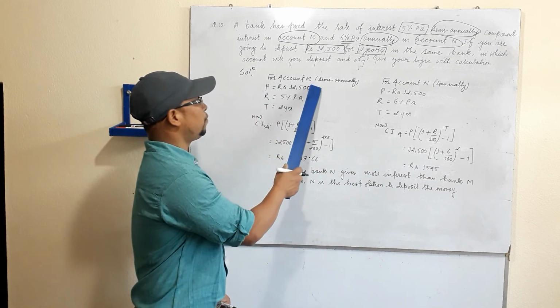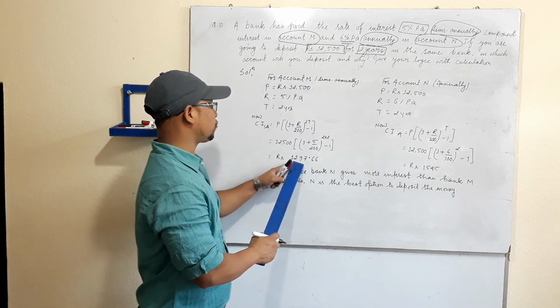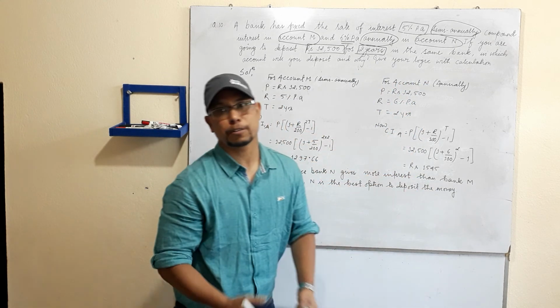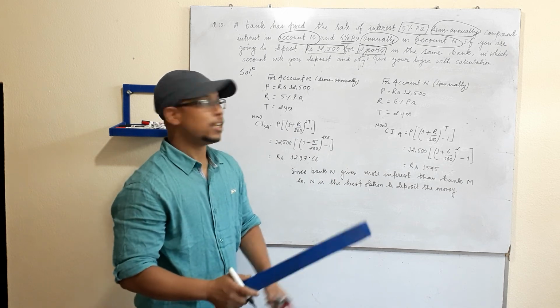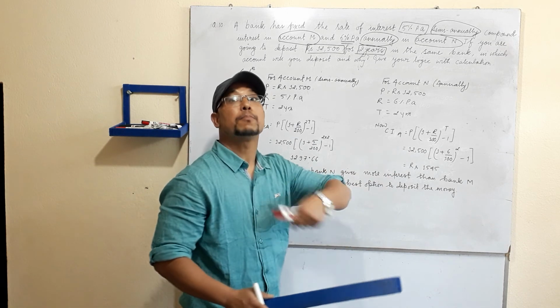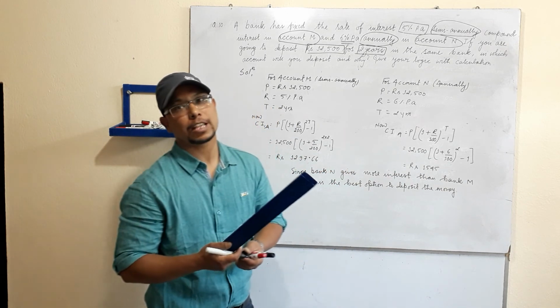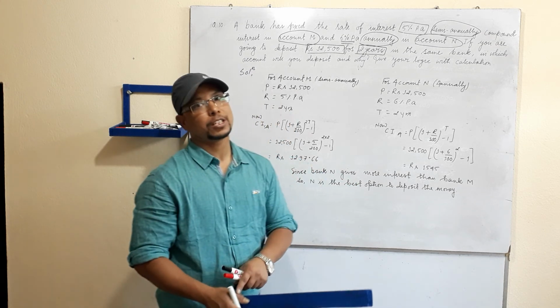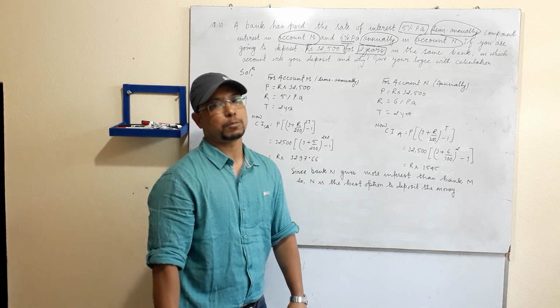Now finally, what happens here? You see, if you put in account M, you will get interest of 1297. If you put in account N, you will get 1545. That means in account N you will get more interest, and it is obvious that in whichever account you get more interest, in the same account you will deposit your money.